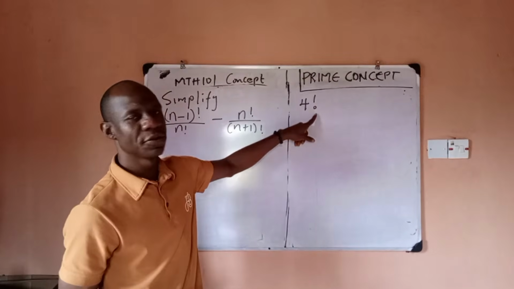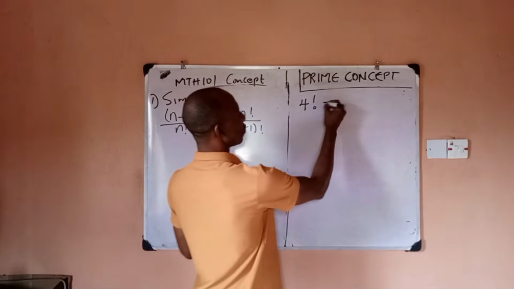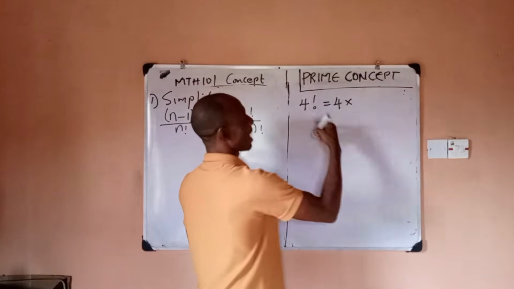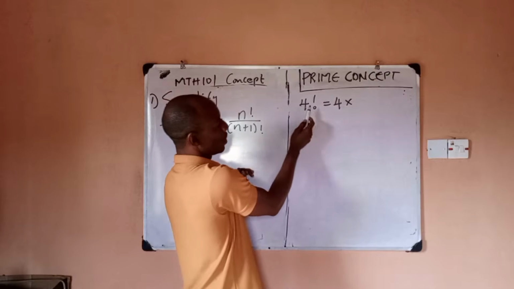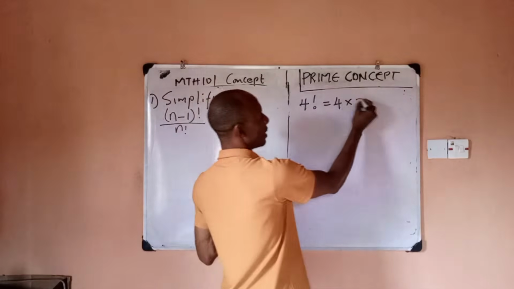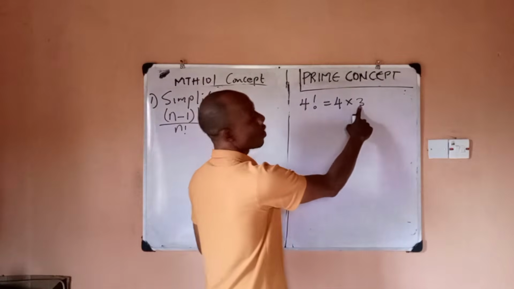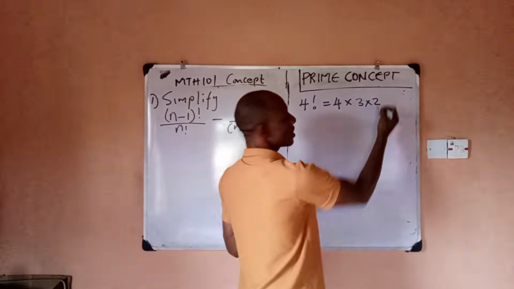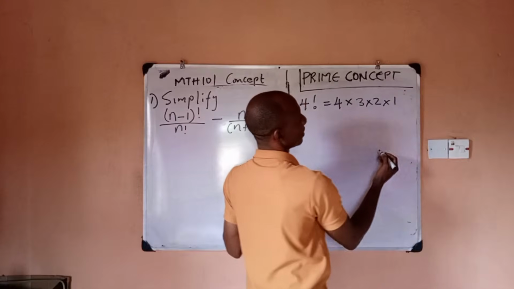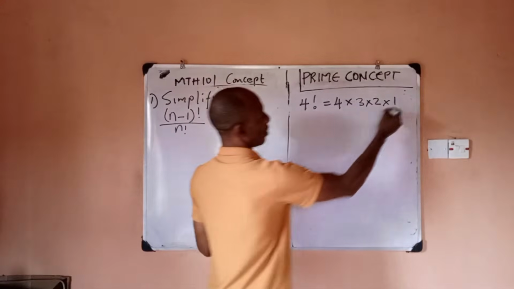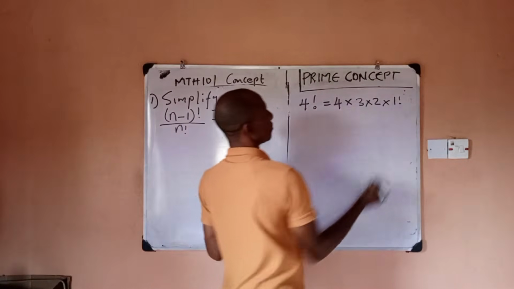If I want to remove this factorial, this thing is going to be 4 times, I'll be reducing this 4 by 1. If I remove 1 from 4, what will it be? 3. I'm going to remove 1 from 3. What will it be? 2. I'm going to remove 1 from 2. What will it be? 1. Or you can just say 1 factorial.